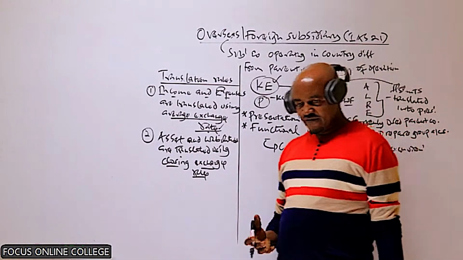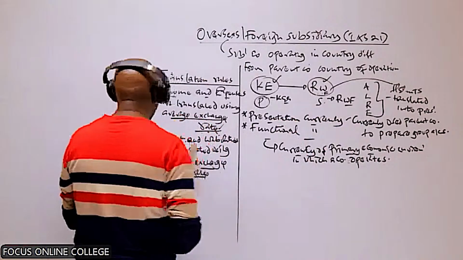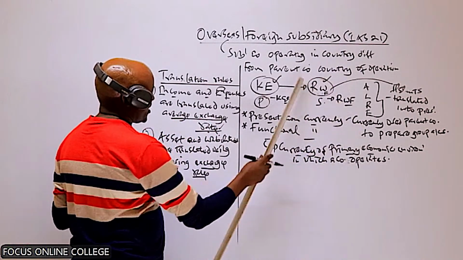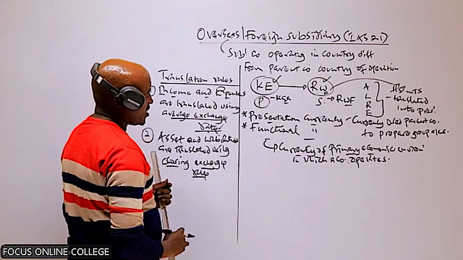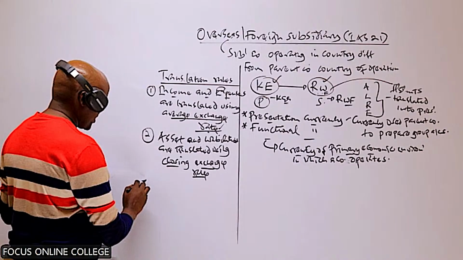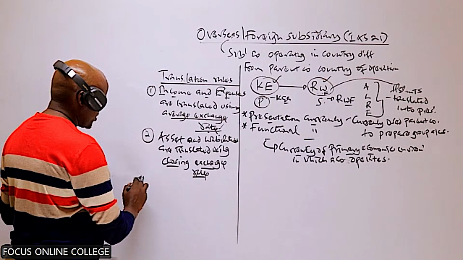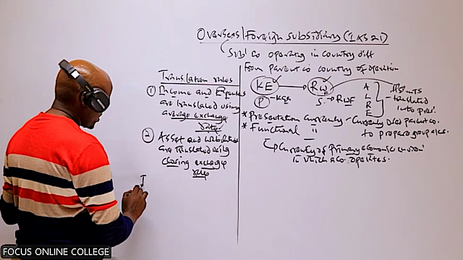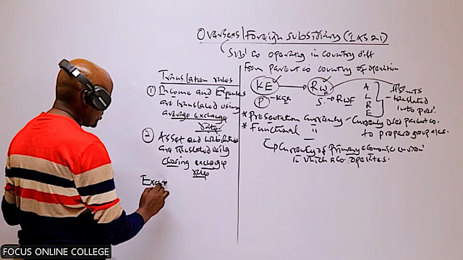But it is obvious that in the process of translating the assets, liabilities, revenue, and expenses of this foreign subsidiary into a presentation currency, there is something known as the currency translation difference, or we can just refer to it as the exchange difference.